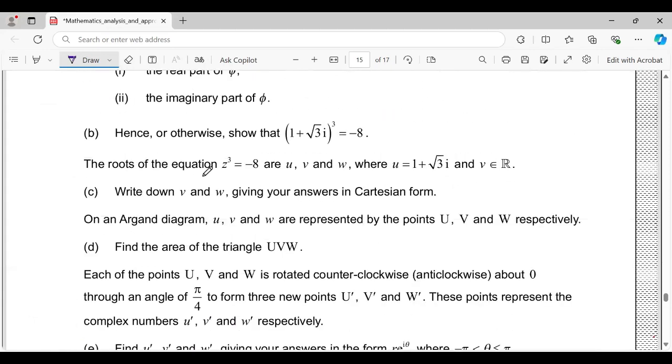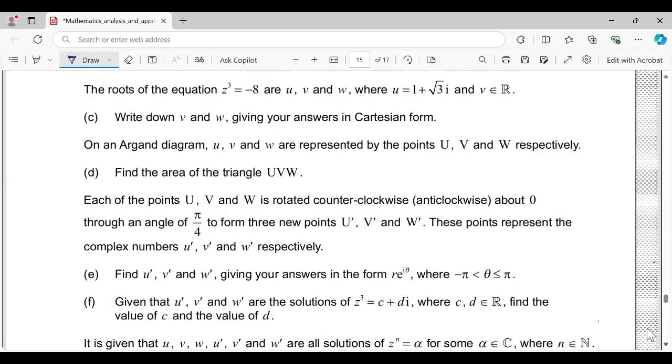The roots of the equation z cubed equals minus 8 are u, v, and w, where u equals 1 plus square root 3 i, and v is a member of the real numbers. Write down v and w, giving your answer in Cartesian form.